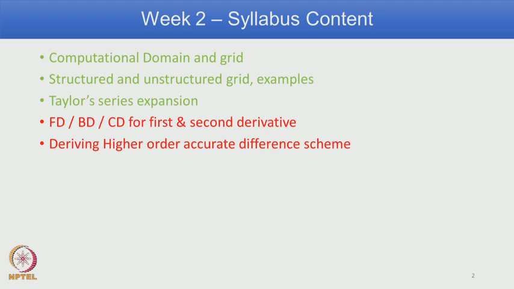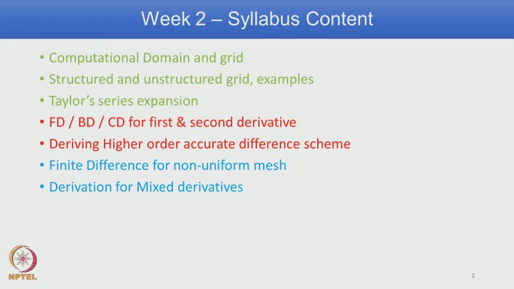In today's class we will take this to the next level of obtaining finite difference scheme for first as well as second derivative, and then how to obtain higher order accurate scheme again by all the three methods for both first as well as second derivative. After that we will move on to the remaining syllabus content in the subsequent modules.